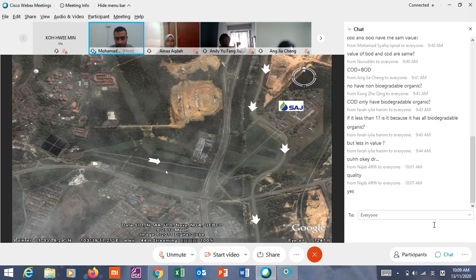Here also the UTM shows that this is the UTM STP. STP means sewage treatment plant. And here is the intake point of water.